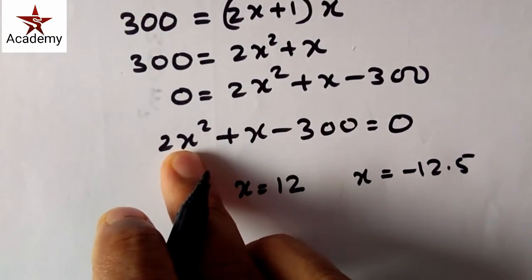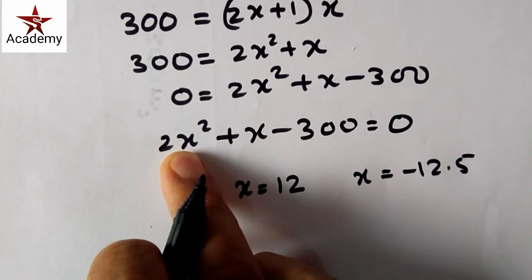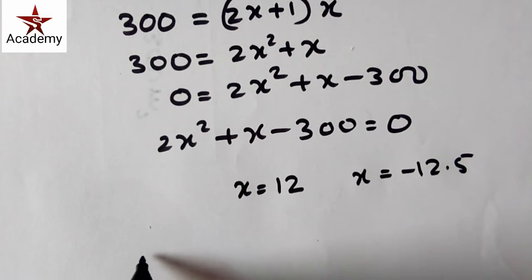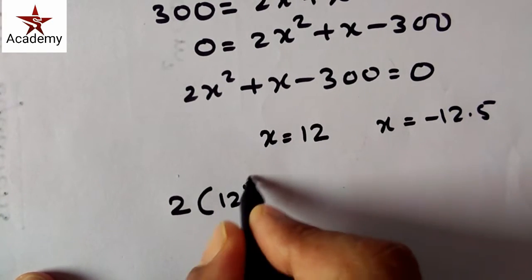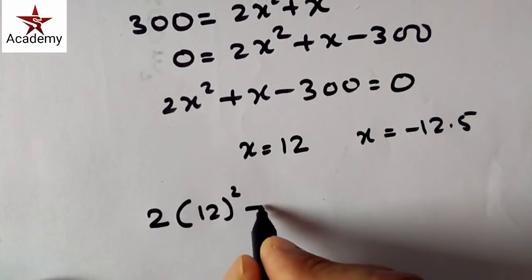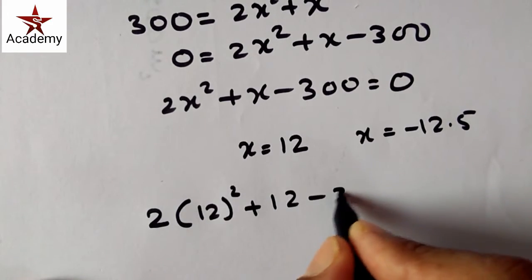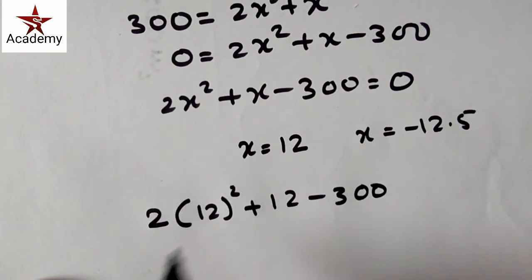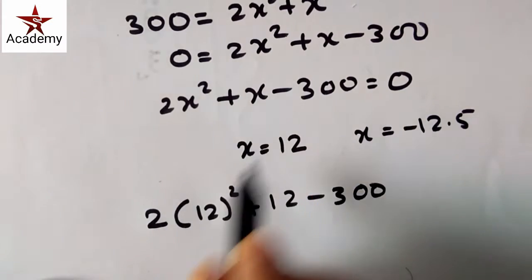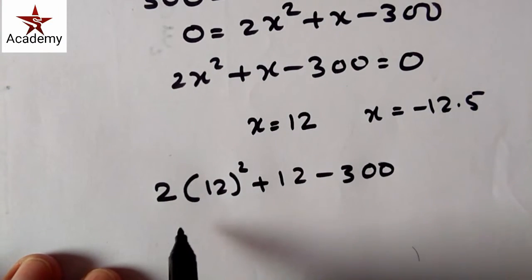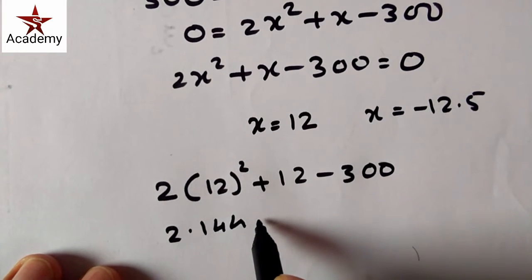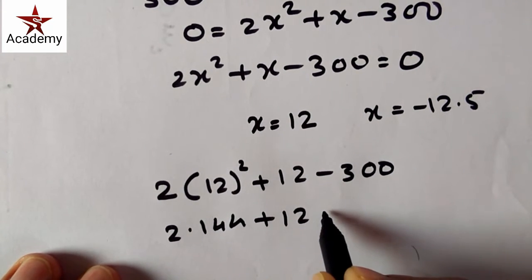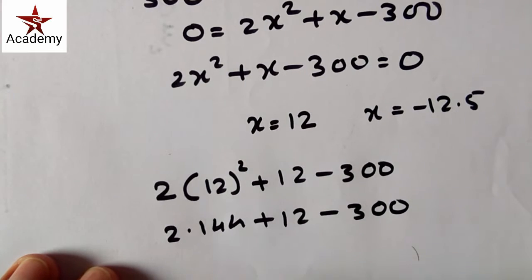Suppose I put x is equal to 12 here and here, this will become 2 into 12 square plus 12 minus 300. I'll put it in the left hand side, so this is 2 into 144 plus 12 minus 300.